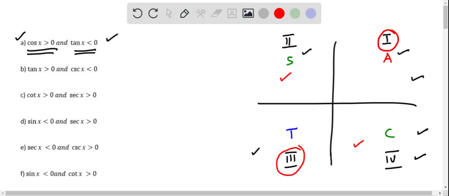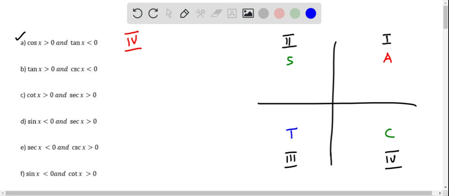That means it is negative in the second quadrant as well as in the fourth quadrant. So we see that only in the fourth quadrant is cos x positive as well as tangent x negative. So we write down the fourth quadrant.